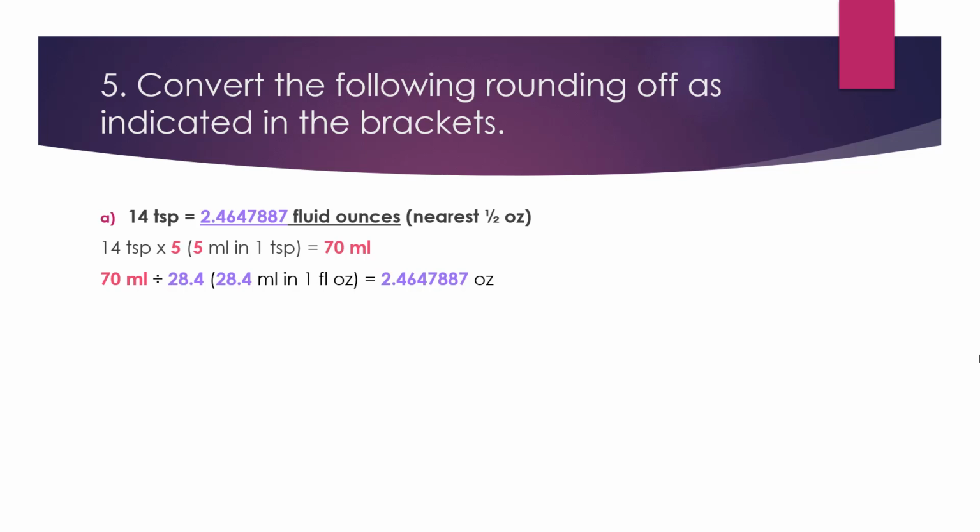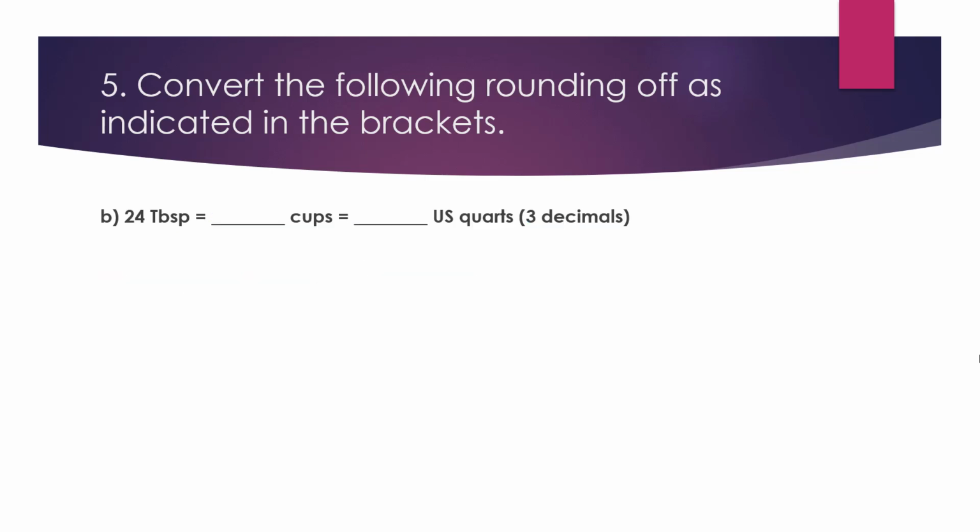And if we're going to round this off to the nearest half ounce, our low end would be 2 ounces, our high end would be 2.5 ounces, and I'm hoping most of us can see that 2.46 is much closer to 2.5 than 2, so the final answer for this would be indeed 2.5 fluid ounces, which equals 14 teaspoons.